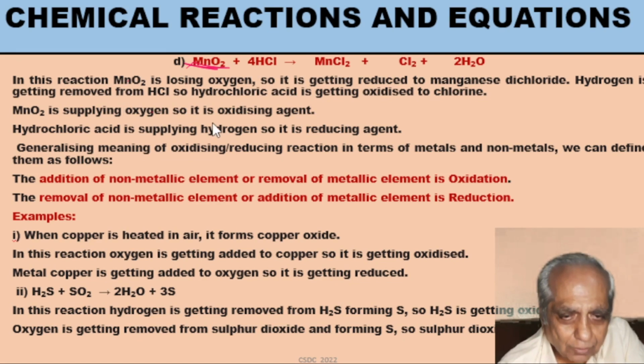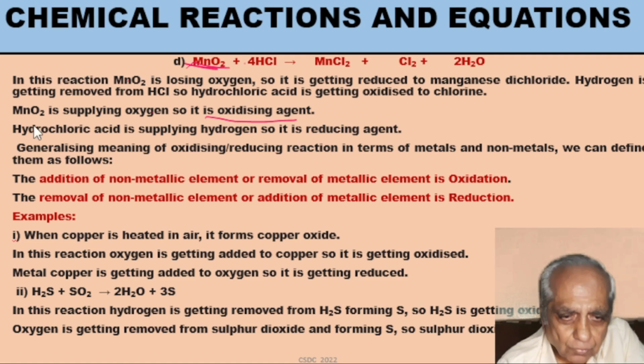MnO2 is supplying oxygen, so it is an oxidizing agent. Now you see HCl: hydrogen is getting removed, and removal of hydrogen is oxidation. So HCl is getting oxidized to chlorine. Is it alright? So HCl is supplying hydrogen, so it is a reducing agent, and it is itself getting oxidized.